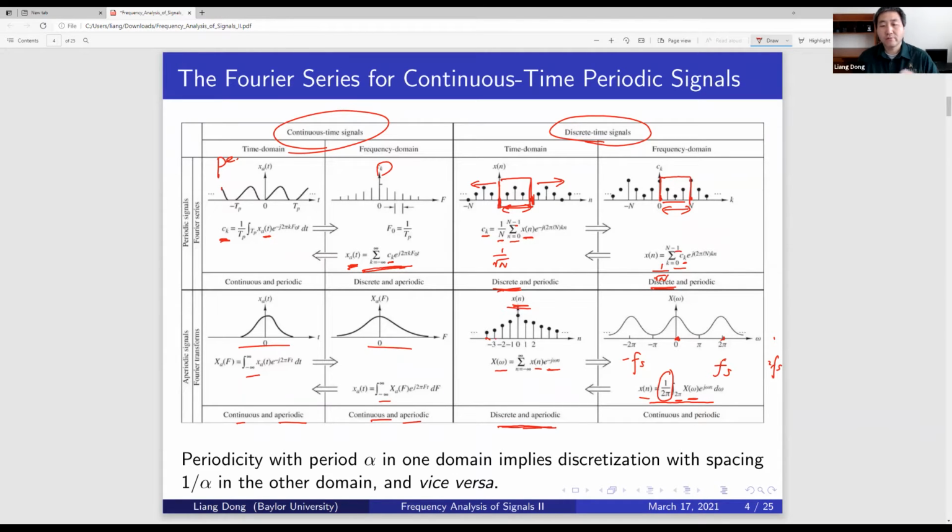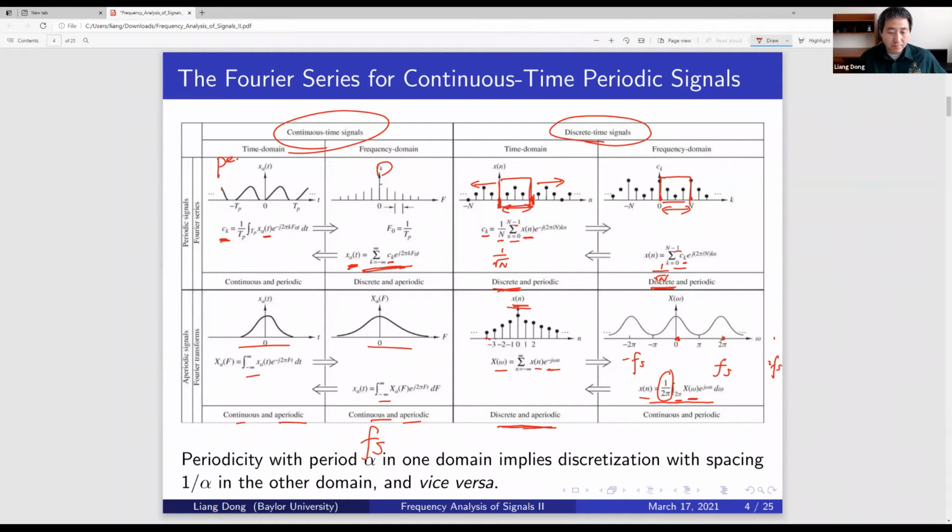Putting it another way, if I'm taking those N values of the signal and doing my Fourier transform, this is the discretized Fourier transform, and I imply that outside my window the signals are periodic. The statement is that periodicity with period alpha in one domain implies discretization with spacing 1 over alpha in the other domain, and vice versa. And let's say one periodic is Fs.